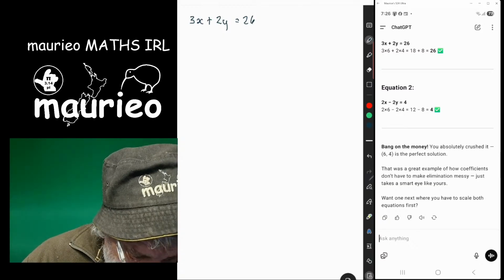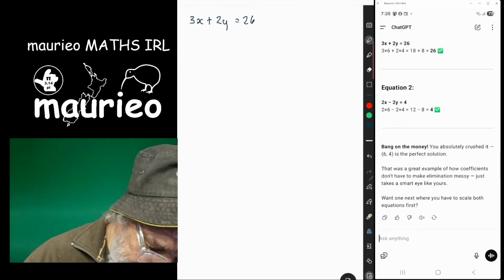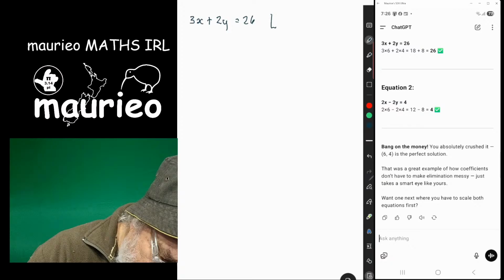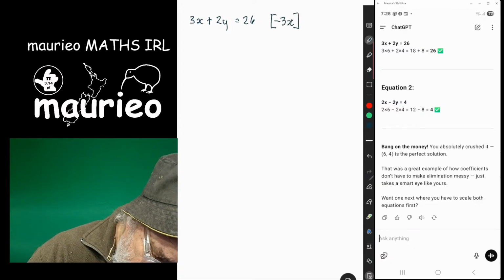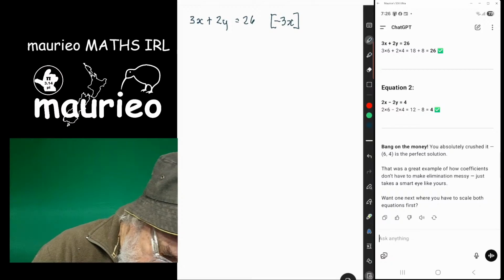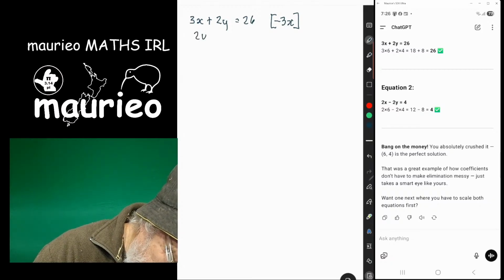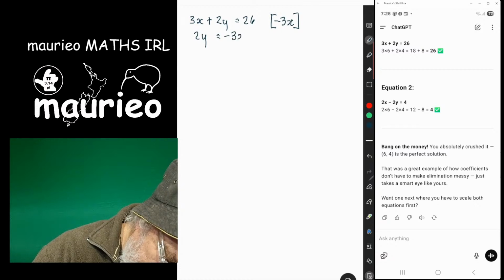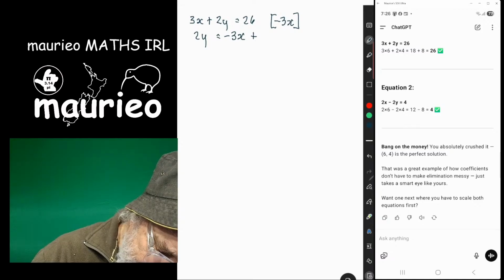Okay, so let's minus 3x. That gives us 2y equals negative 3x plus 26.